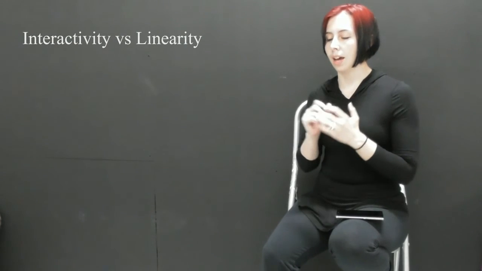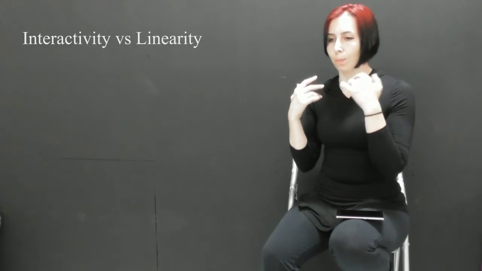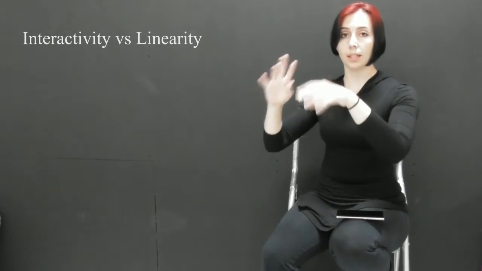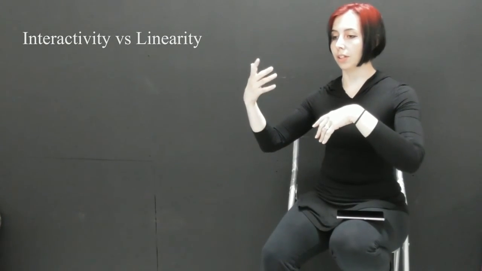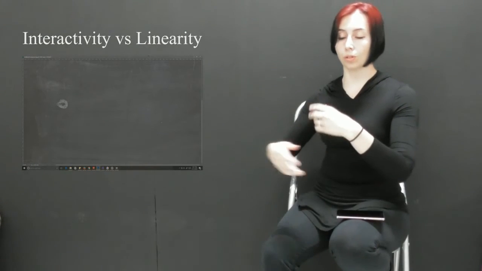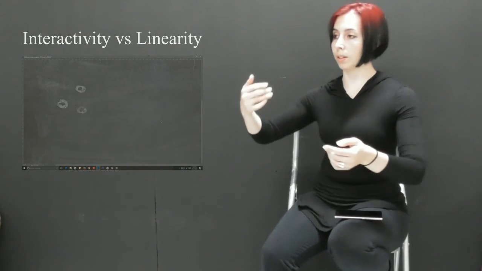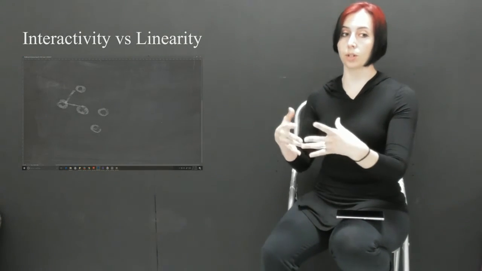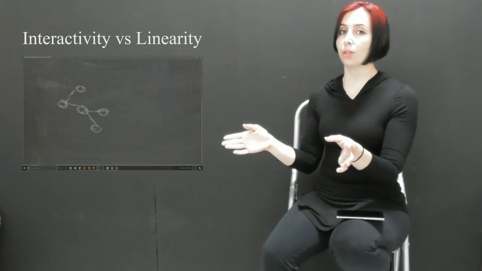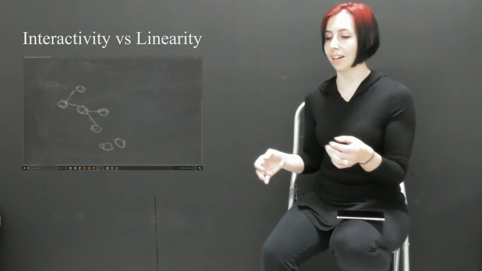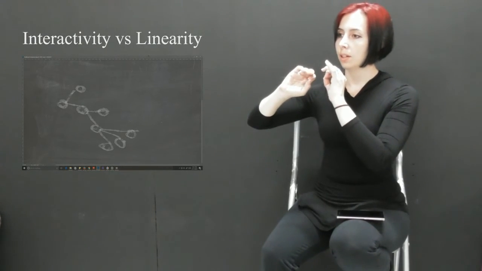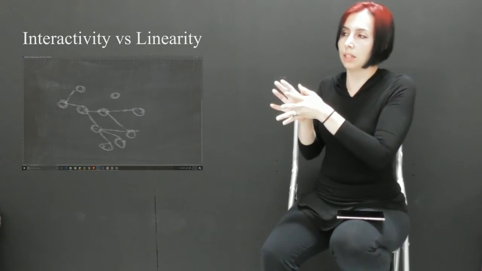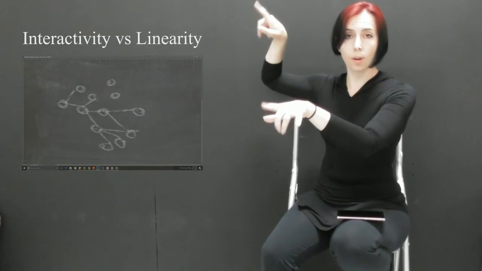But when you get into interactivity, you get into situations where here's your beat, here's your scene, and the player can choose to have the scene go in this direction, where the heroes go left, or they can go in this direction, where the heroes go right. And very different things might happen there. So instead of seeing one string of pearls beat after beat after beat, you start to see this really interesting branching network.